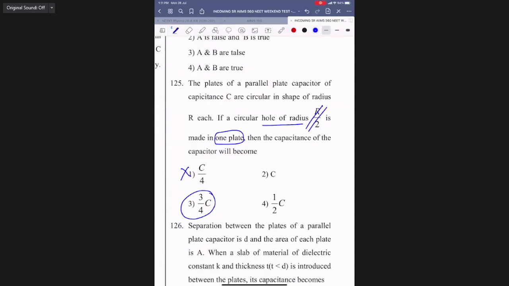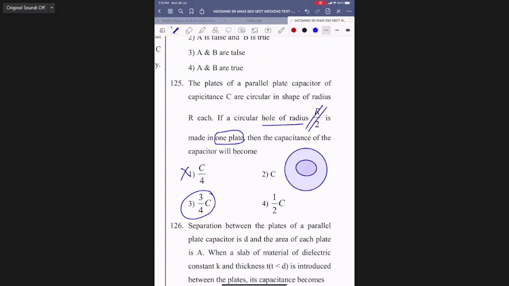Which is the smallest area? Is it pi r square or 3 by 4? That is wrong. A circular hole is made, na. This is the radius r. Let us assume it is concentrically made, not mentioned.